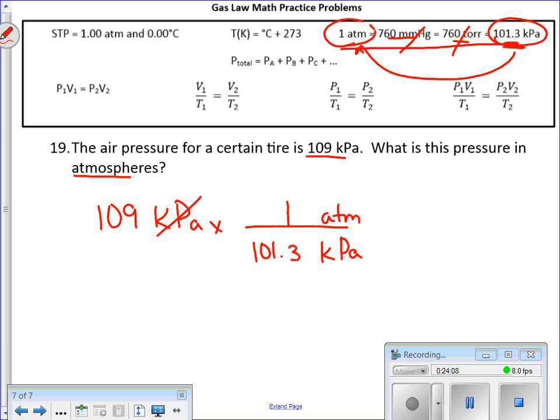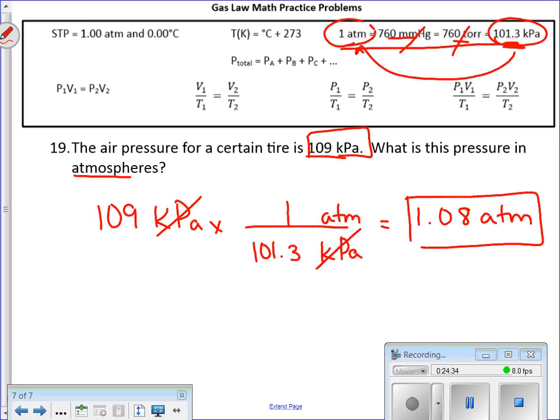So your kilopascals will cancel, and I'm going to use 3 sig figs because my original given pressure was 3 sig figs. Okay, so 109 kilopascals divided by 101.3 is going to be equal to 1.08 atmospheres of pressure. And there you go.